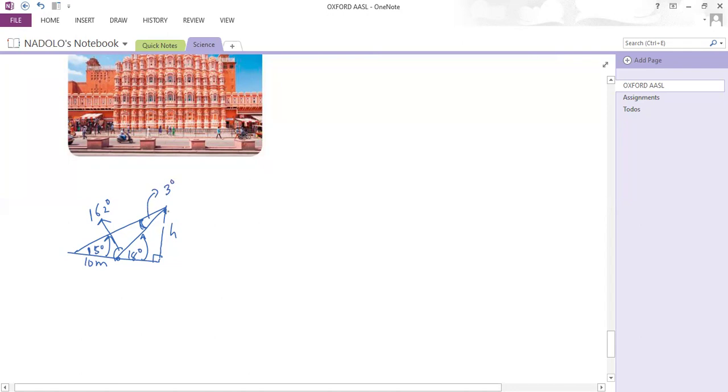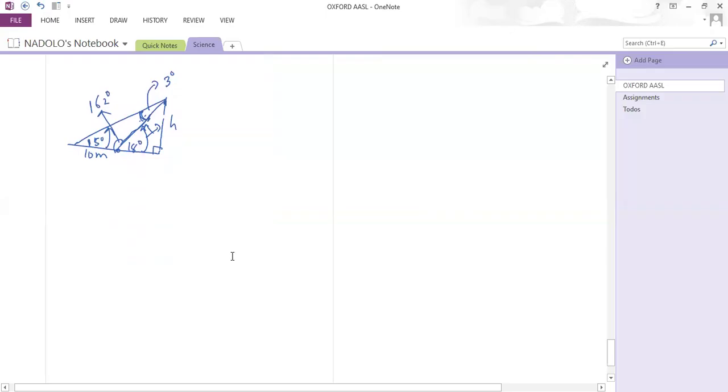So we are going to get the hypotenuse of this smaller triangle here so that we can use sine of 18, opposite over hypotenuse, to find h. All right, so let's go with that plan. We can use the sine rule and say 10 divided by sine 3 is the same as, let's call this hypotenuse capital H, H divided by sine 15 degrees.